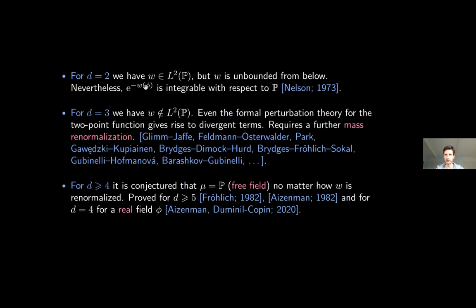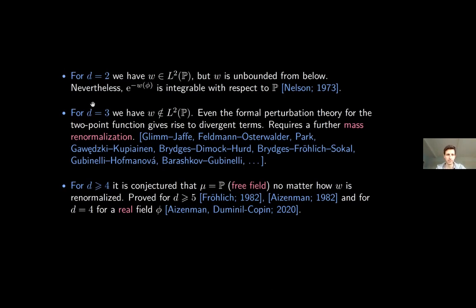So W has very strong decay towards minus infinity. There are some large deviation bounds due to Nelson, which you can derive and show that this exponential is integrable, although it's unbounded. This was a sort of trailblazing paper of Nelson in the 70s to figure out how to do such things probabilistically.